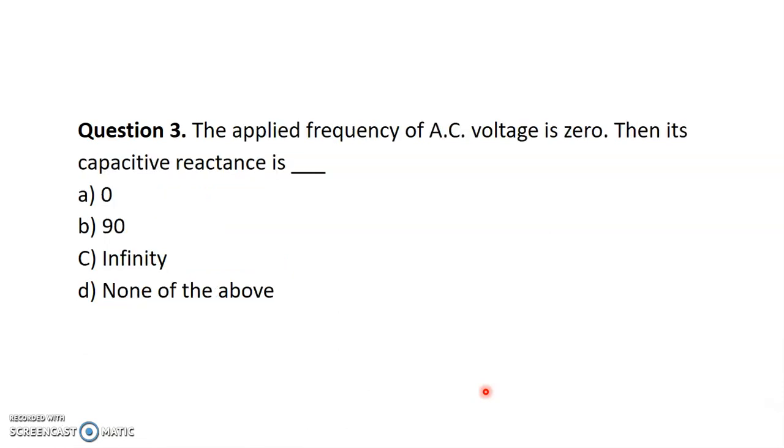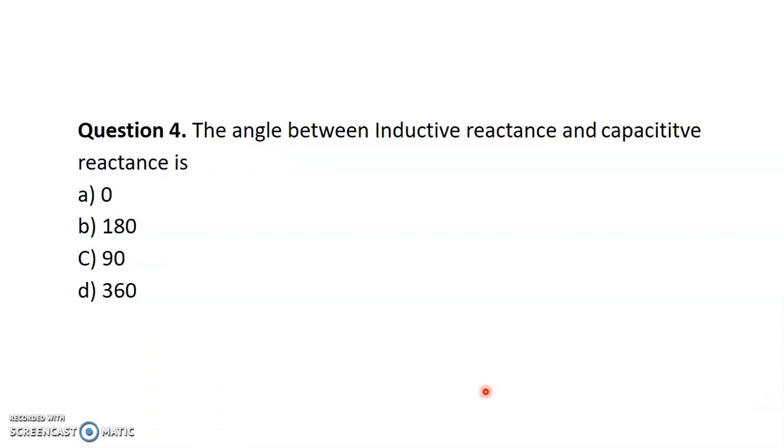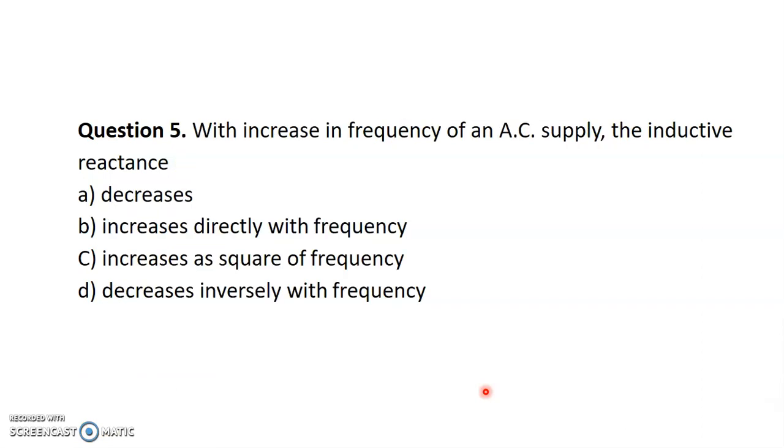When the applied frequency of an AC voltage is 0, the capacitive reactance is infinity. The angle between inductive reactance and capacitive reactance is 180 degrees. With an increase in the frequency of an AC supply, the inductive reactance increases directly with the frequency.